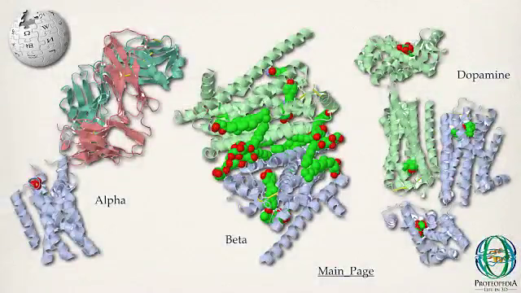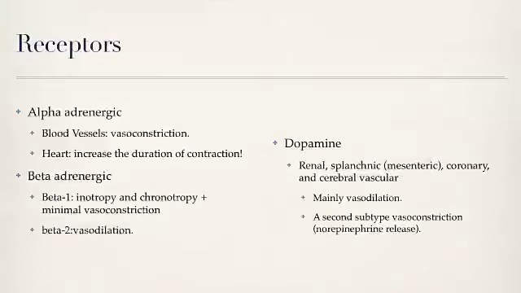They cause increased contractility as well as increased chronotropy, or heart rate, and they have a minimal vasoconstriction effect. Now, beta 2 receptors have a major vasodilator effect, and that effect is much more than the constriction done by beta 1.